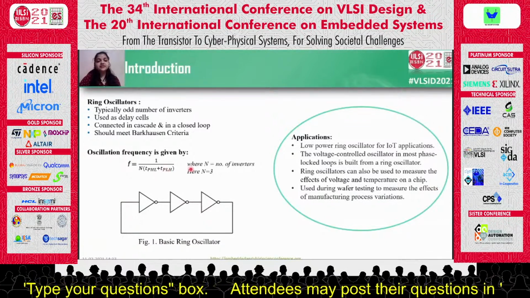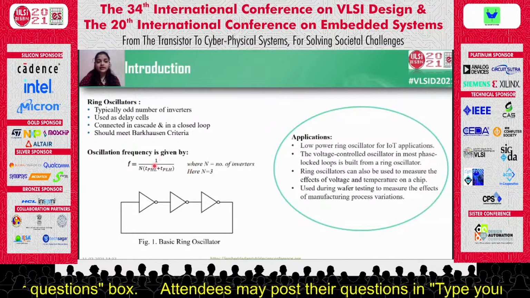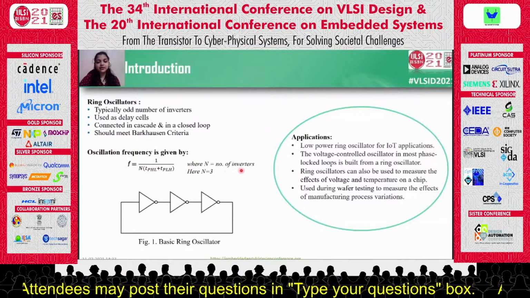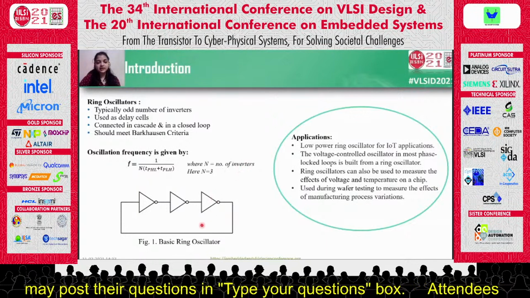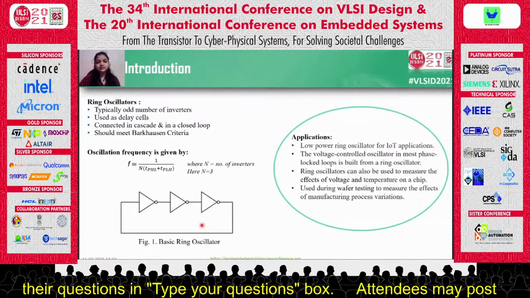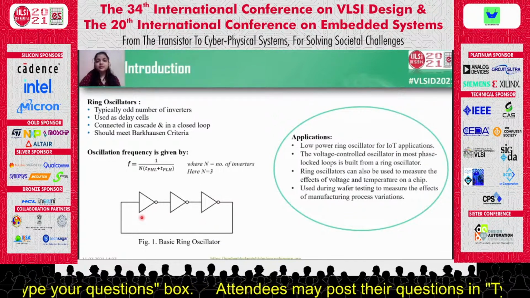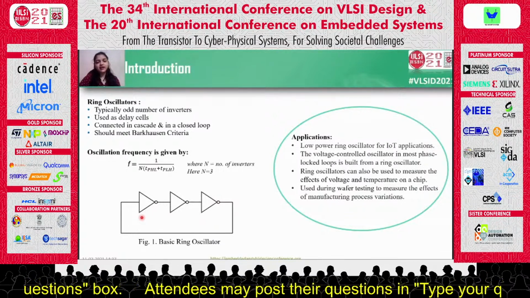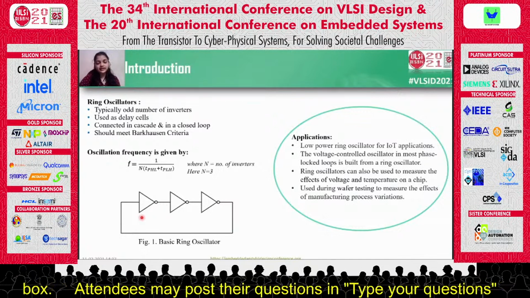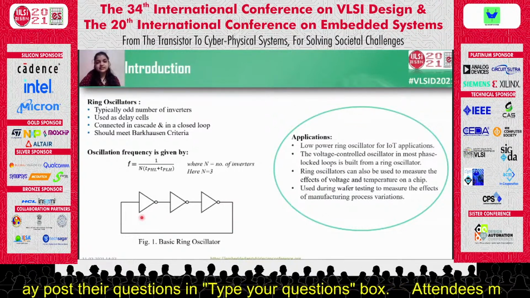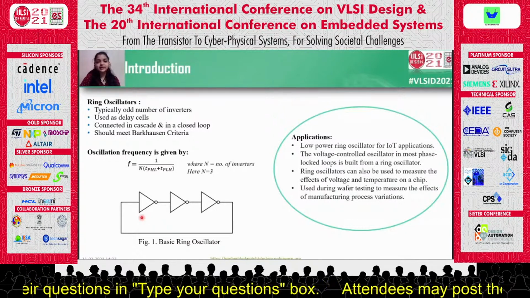The oscillation frequency is given by the formula 1 divided by n times the propagation delay, where n is the number of inverters. Here in the image, n is 3. Oscillators generate periodic signals and their use can be found in applications like PLL, wafer testing, clock generators, microprocessors, IoT applications, and many more.